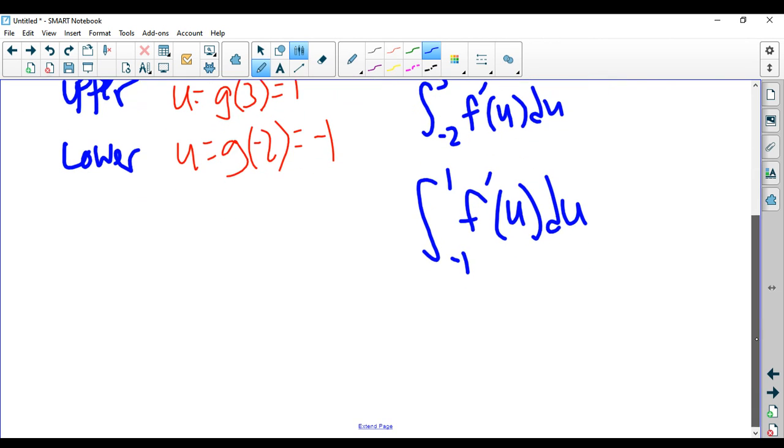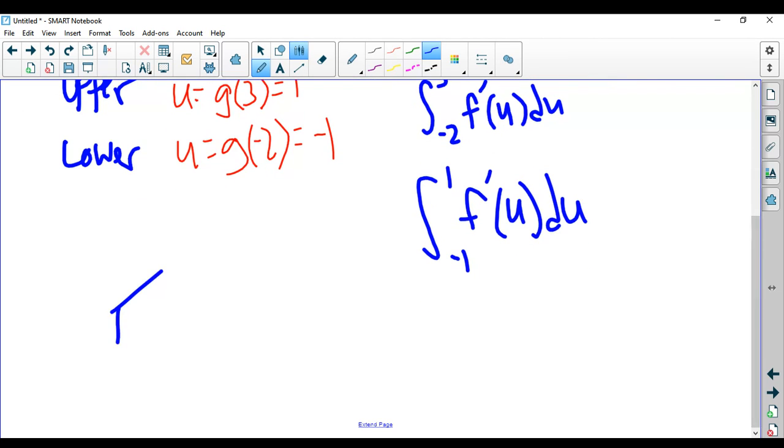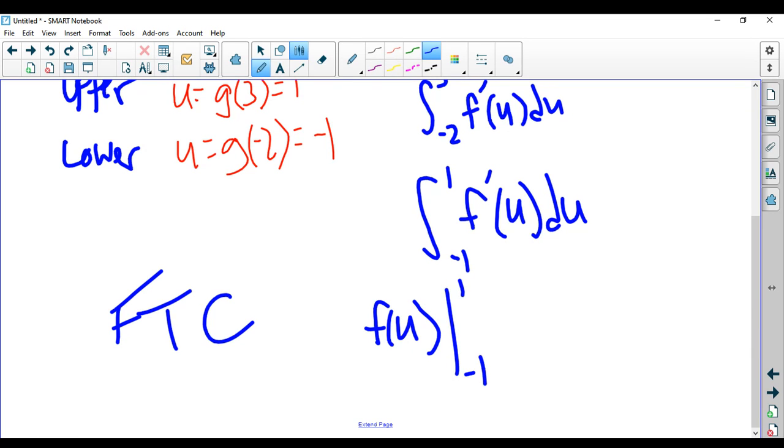And now it's time to apply the nice fundamental theorem of calculus. We're integrating this derivative, so the integral undoes the derivative, and the antiderivative of f prime of u is f of u. You plug in your limits, f of the upper limit minus f of the lower limit. You didn't have to show this, you can go right to this step.